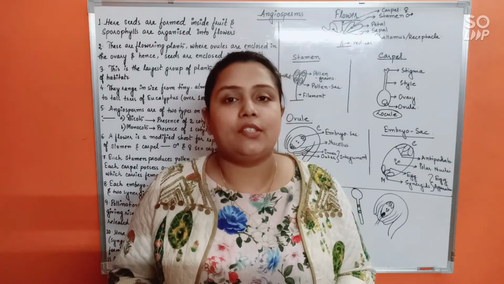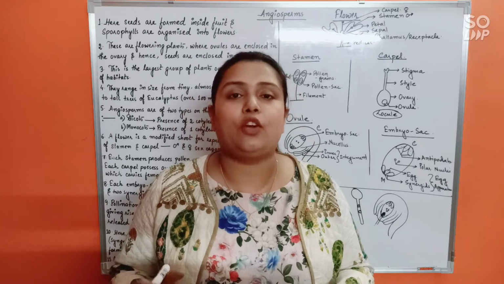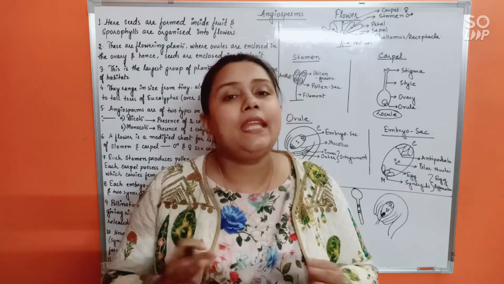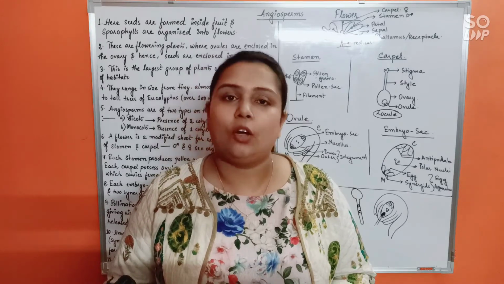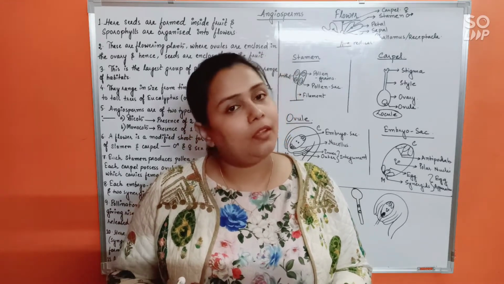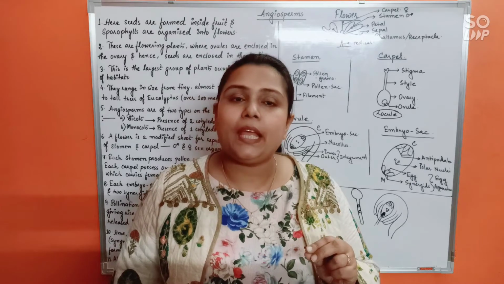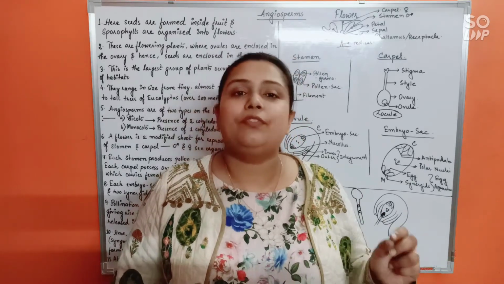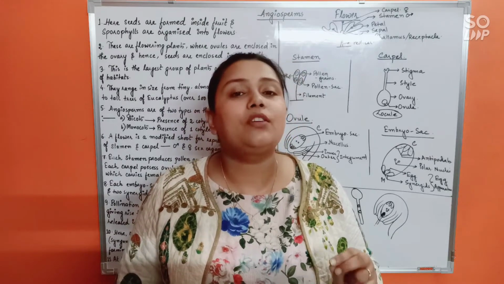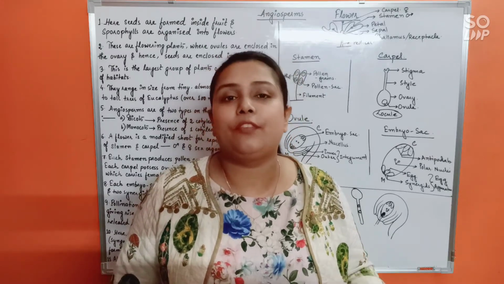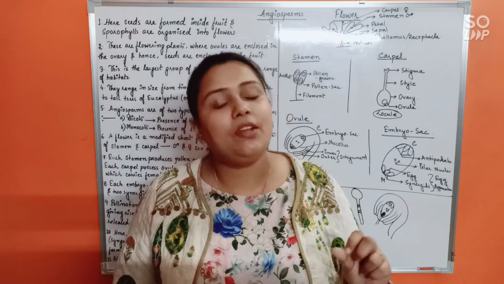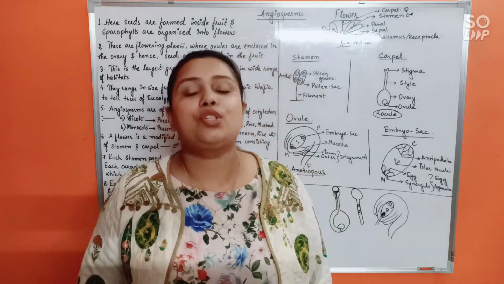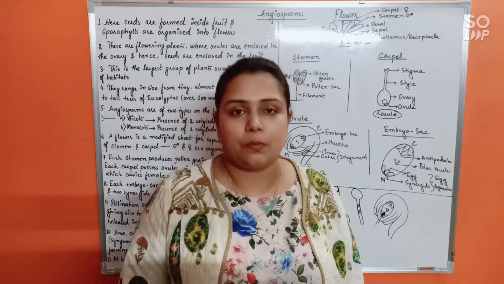Double fertilization is the most important characteristic of angiosperms, not found in any other type of plants. Understood? Fine. So one male gamete fuses with the egg, forming a zygote, that's syngamy. Another male gamete fuses with the two polar nuclei, forming a triploid PEN, that's triple fusion. Together, syngamy and triple fusion are called double fertilization, which is the most important characteristic of angiosperms.